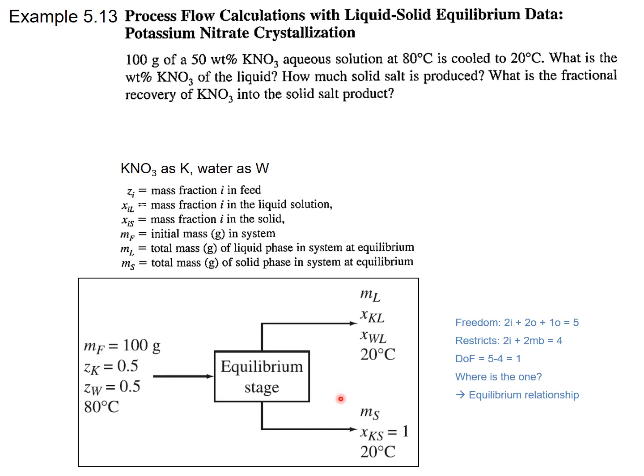Restrictions: we have the information on the feedstock, so two input specifications are there, and then we have two materials, KNO3 and water, so two mass balances or mole balances would be available. So restriction is 4. So degree of freedom is equal to 1.